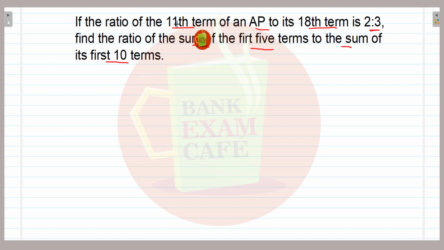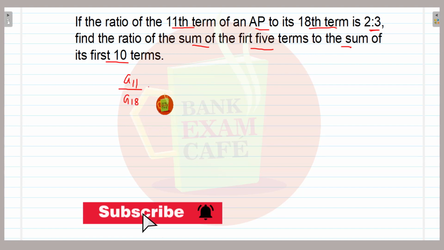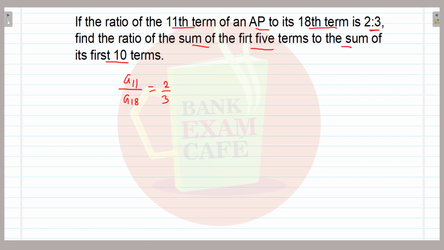Friends, here it is given that the ratio of the 11th term to that of the 18th term is 2:3, that is 2/3. And we have to find the ratio of the sum of the first 5 terms, that is S5, to the sum of the first 10 terms, that is S10. So with the help of this we will find d.